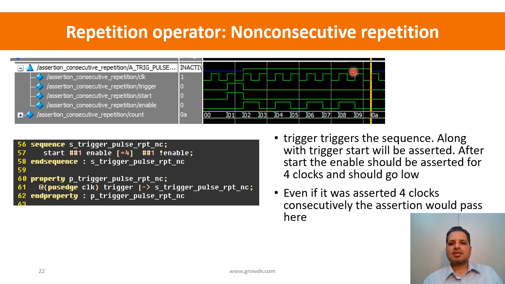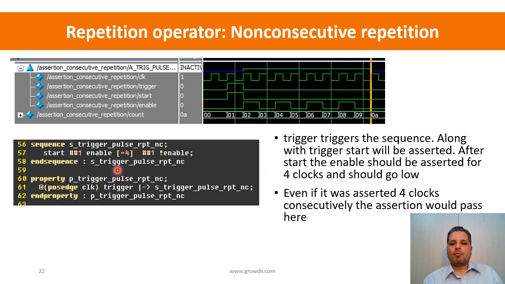So you can see the active duration. As soon as the antecedent has met, it has started, and then it is waiting for this 4 clock cycle up to the count of 9, and after the 9 it is going low, and that is satisfying the not of enable on a count of A, where the count becomes A, this particular clock edge that is satisfied, and hence this particular property has passed.